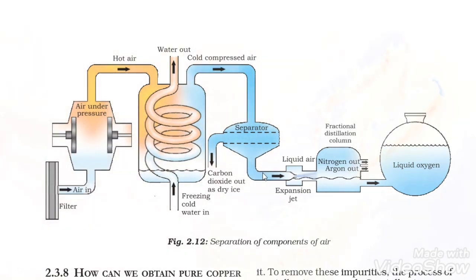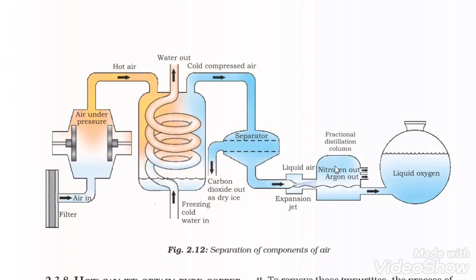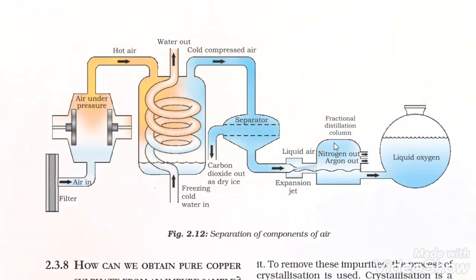Now liquid air is passed into the fractional distillation column. This one is the fractional distillation column, and through the expansion jet, air is passed into this column where it is slowly heated. Means temperature is very slowly being raised in this fractionating column.